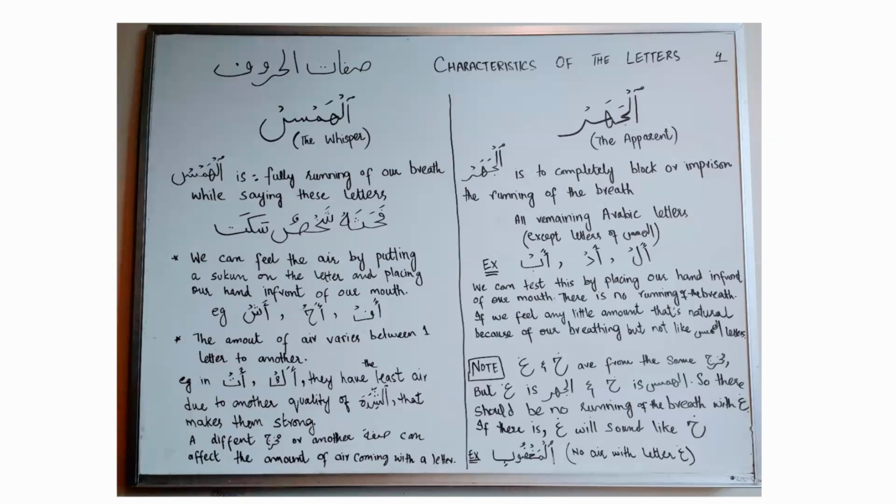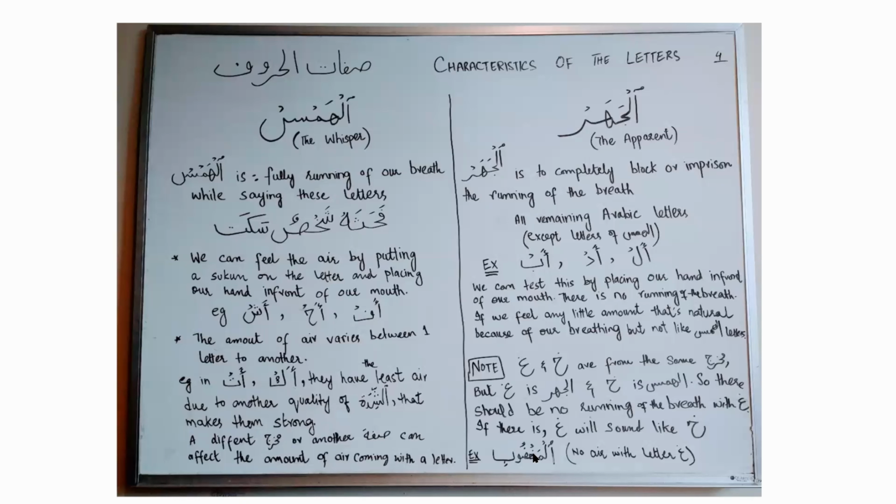Let's take an example of letter kha and letter ghain. Letter ghain is a letter of Jahr, while letter kha is a letter of Hams. So I have to run my breath with letter kha, and I should imprison the running of the breath with letter ghain. Since they come from the same makhraj, from the top of the throat, if I add the running of the breath with letter ghain, it will sound more like letter kha or something in the middle, but not a pure ghain.